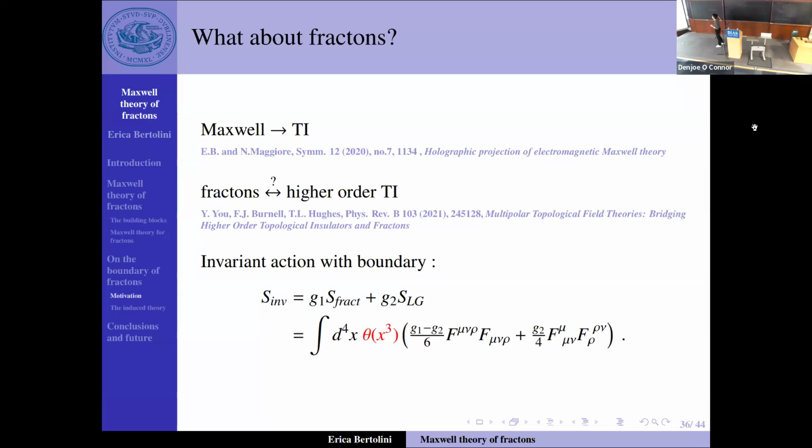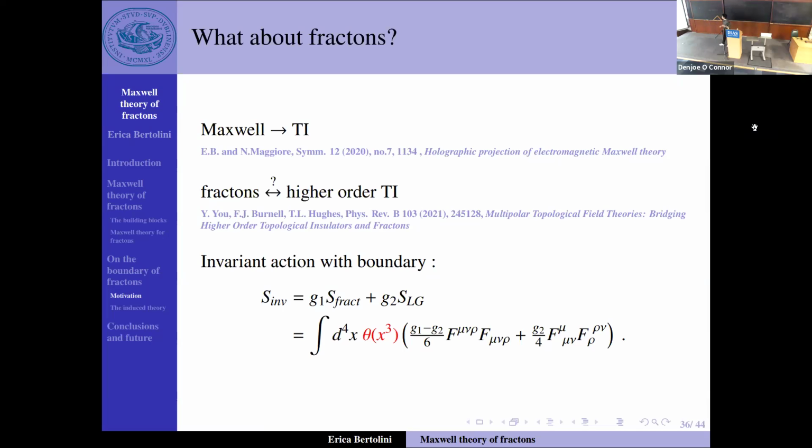But why? There are some physical motivations for this. The first one is that fracton models are some kind of higher rank Maxwell-like theory, as I was showing you at the beginning, and Maxwell theory on the boundary describes edge states of topological insulators.